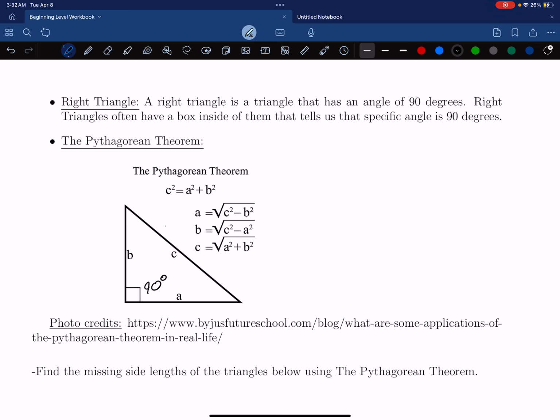So we have some terminology that is going to be very important moving forward, and that is this C length here. This is known as a length called the hypotenuse, which is spelled as follows.